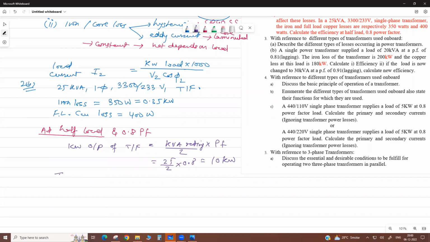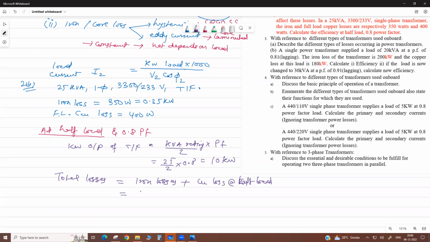Then you calculate the total losses at half load. So you know the iron loss. The iron loss is fixed, at half load and full load the same. But copper losses at half load become 1/4, okay.